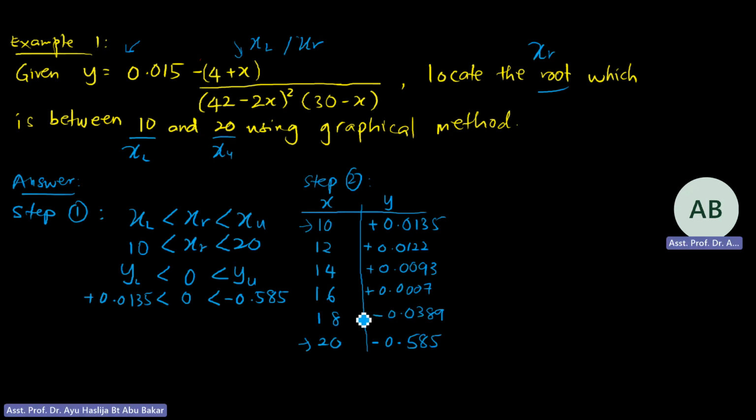Now we can see the change of sign is at 16 and 18. So XR must be in between these numbers because it already crossed the 0 line over here. Y equals to 0 somewhere over here.